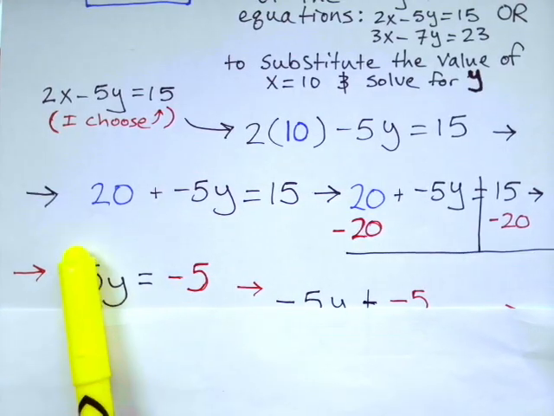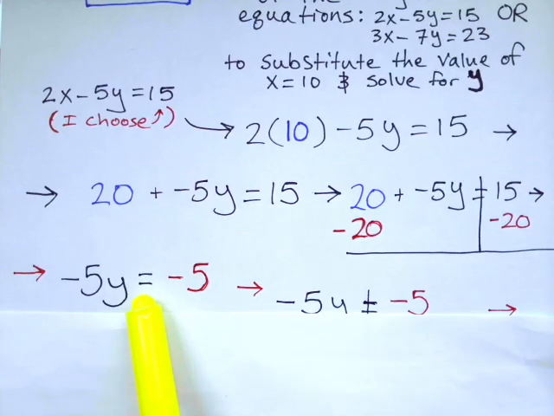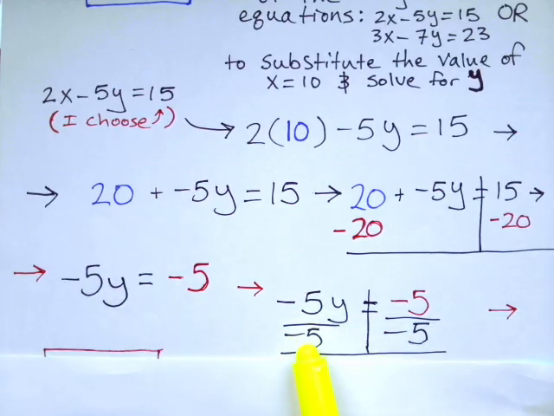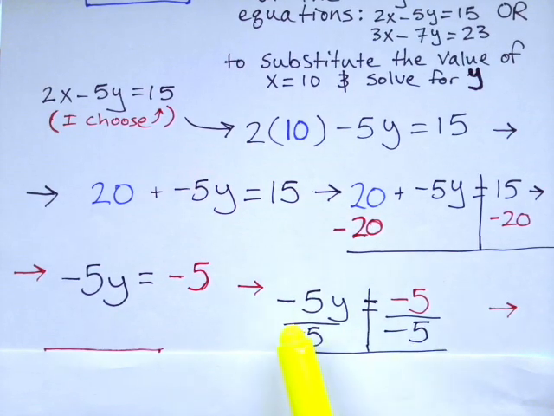I want to turn that negative 5 into an invisible positive 1. So I do the opposite of multiplying 5 times y, and I'm going to divide both sides of the equal sign by negative 5. What I do to the left side, I've got to do to the right side. Negative divided by a negative is a positive. 5 divided by 5 is 1.